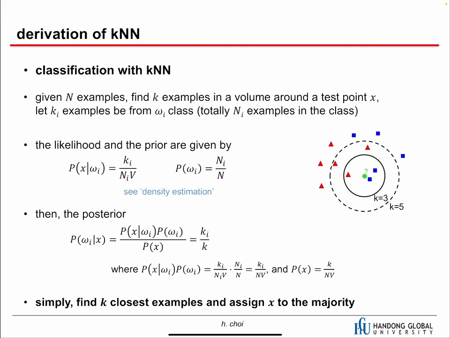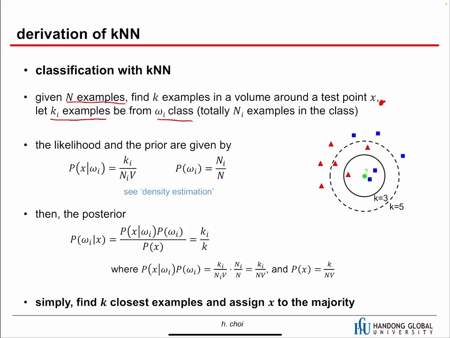So let's derive kNN first for classification. Given n samples, we have to find k examples in a volume around the test point x. So far it is the same as kNN in the density estimation. And then here is the difference. Let k sub i examples be from class i.